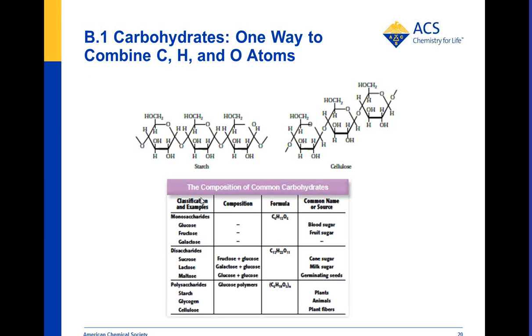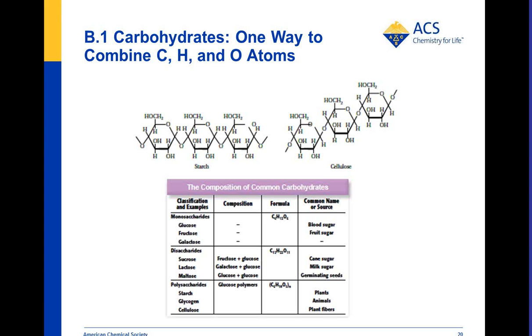Section B1: carbohydrates are the products of photosynthesis and are energy storage compounds. They can exist in a linear chain, or that chain can link and form a ring.